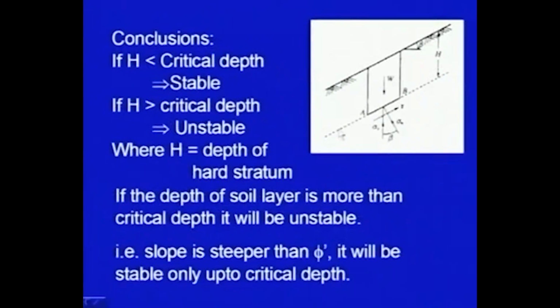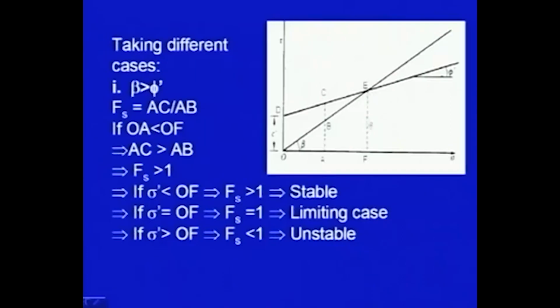So, what we infer from this, what are the conclusions? Conclusion is that if H is less than certain critical depth, let me go back here. Here the normal stress, as you go on increasing the normal stress, what does it represent? It represents that the weight is increasing, or in other words Z is increasing, the depth is increasing. So, at higher depth, if the value of depth is large, then factor of safety is less than 1.